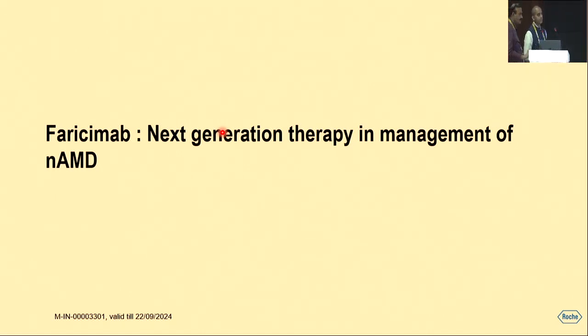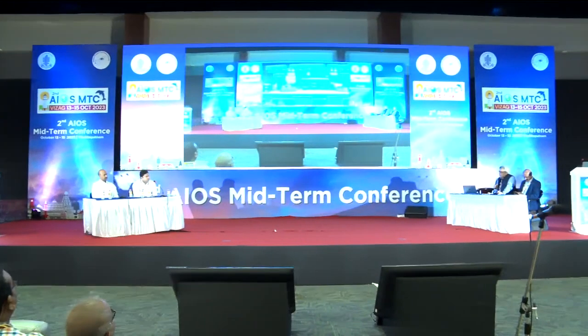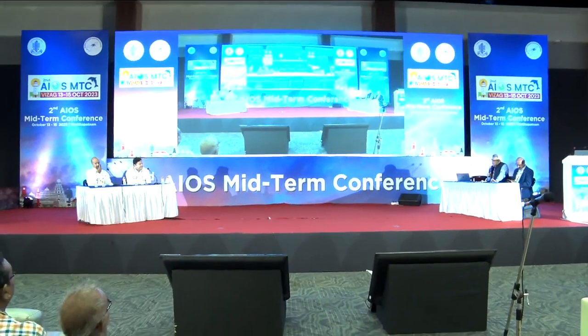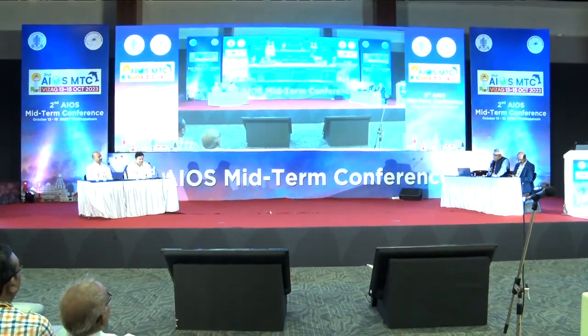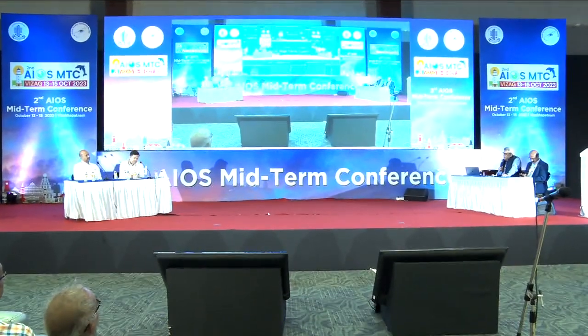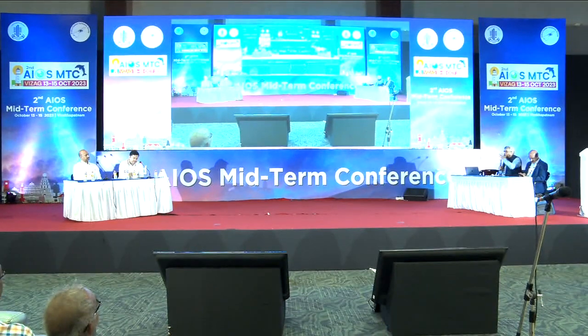Okay, in any case, there is a lot of excitement considering the dual mechanism. As Dr. Ajit Babu was saying, we have had anti-VEGFs available. Even aflibercept has that advantage of increased duration, and aflibercept 8 milligram also is on the line.